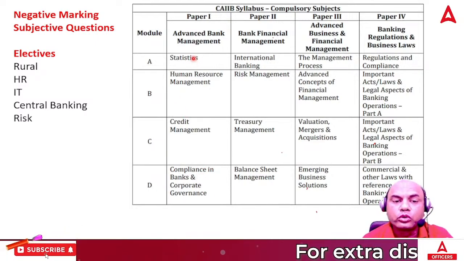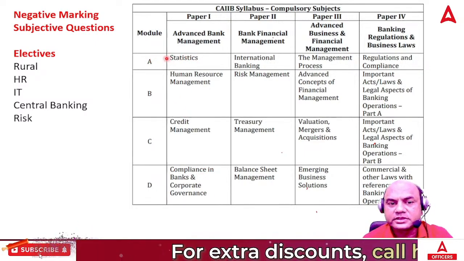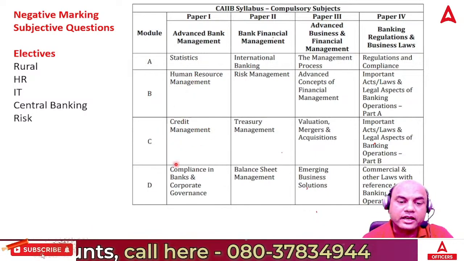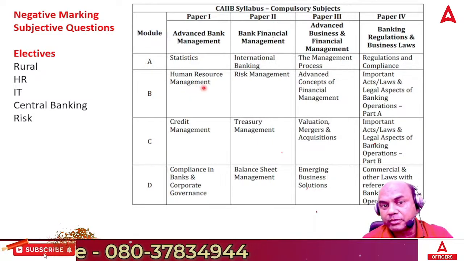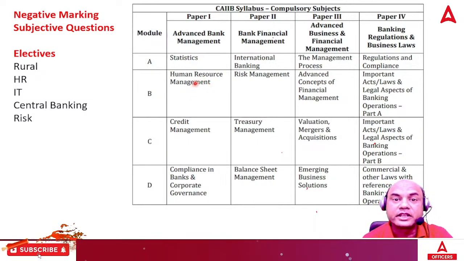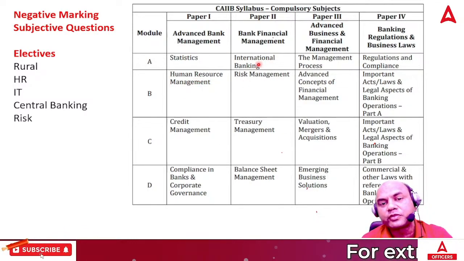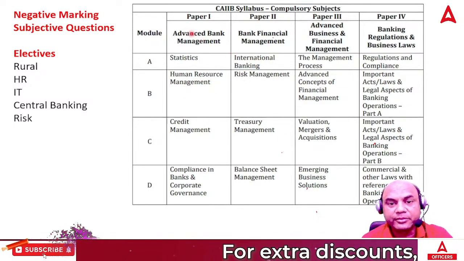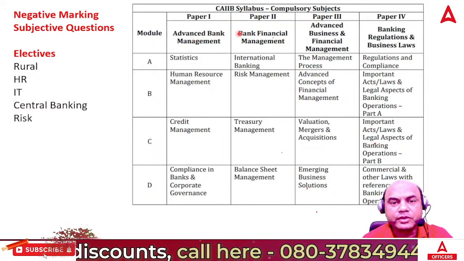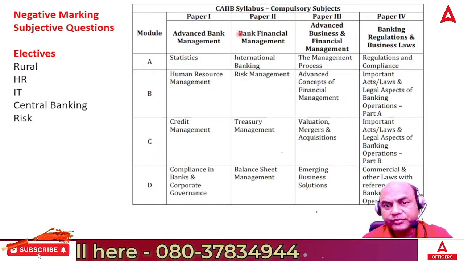So 2 modules of numericals, statistics and credit management. HR and compliance are the theory part. But remember, never neglect the theory in the exam, because theory is equally important. Generally, the paper is 50-50, at least ABM and BFM: 50% theory, 50% numericals.